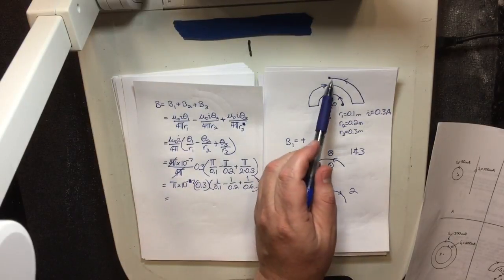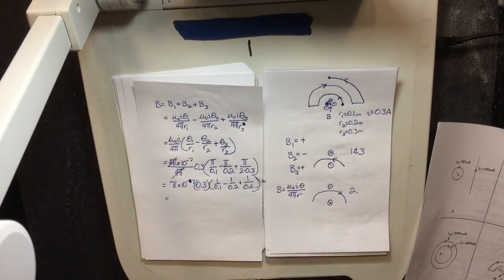Theta 3 is associated with not a semicircle, but half a semicircle. What's the arc for half a semicircle? Pi over 2. I'm sorry, half of a semicircle is a quarter of a circle. So full circle, 2 pi. Half circle, pi. Half of a semicircle, pi over 2. Or quarter circle, pi over 2.